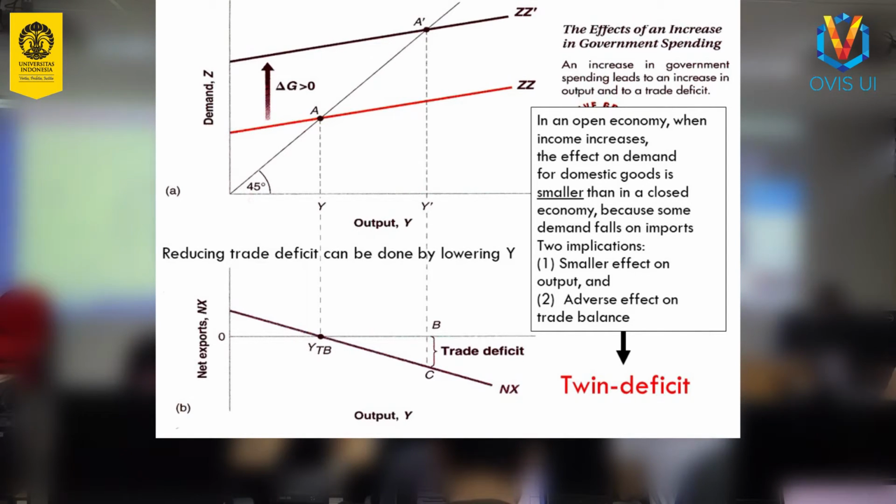So now you have two deficits, the fiscal deficit and the trade deficit, and that's why it's called the twin deficit. And at this moment, Indonesia suffers from that. That's why this chart, even though it's very simple, is a good representation of what is happening with the Indonesian economy now.